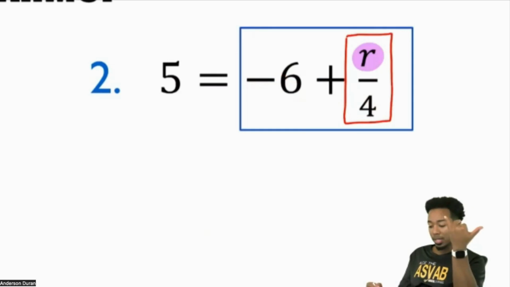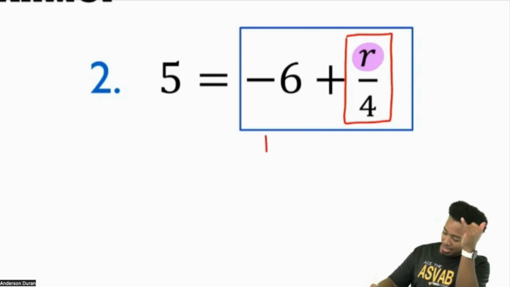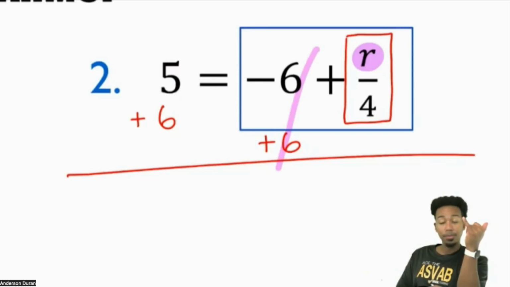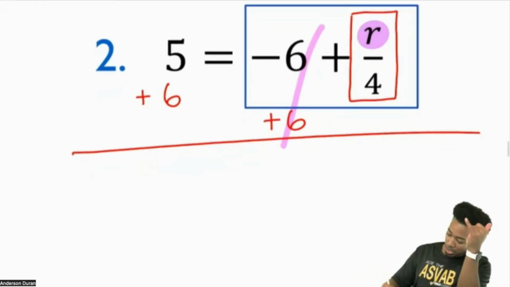Then opposite, add 6 to get rid of that, multiply by 4 to get rid of that. It's really about knowing your order of operations. We would add 6 to both sides first, because that's how we would get rid of that. And then we have 5 plus 6, which is 11, equals R divided by 4.